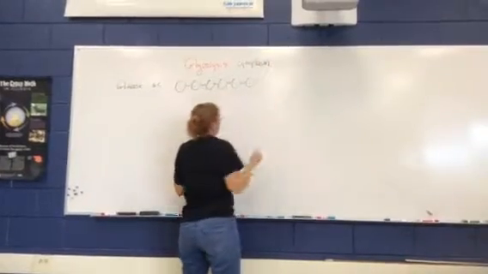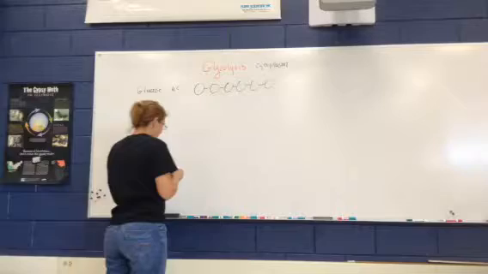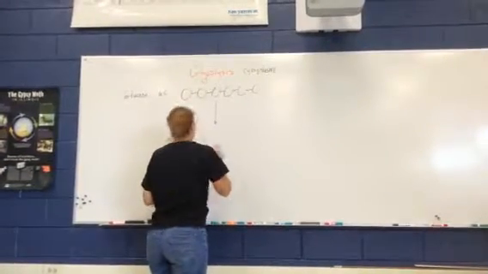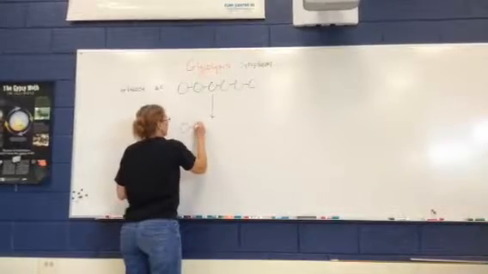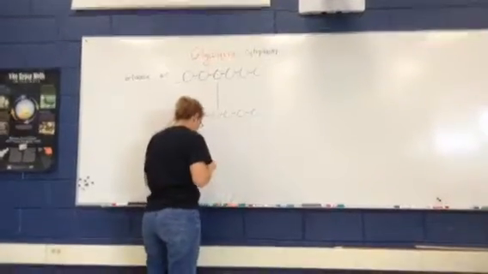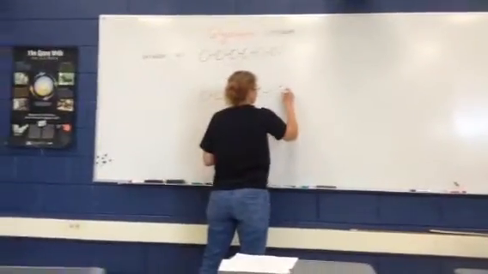In the cytoplasm of the cell we have, like I said, 6-carbon molecules. The first step is to put a phosphate group on there. We talked about phosphorylating.